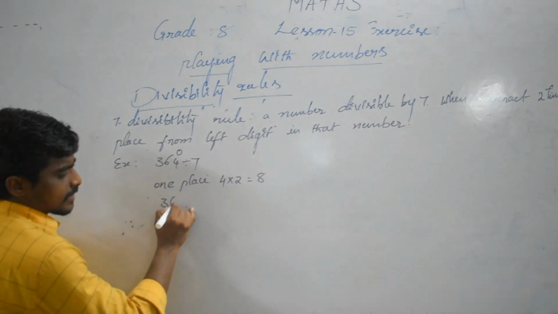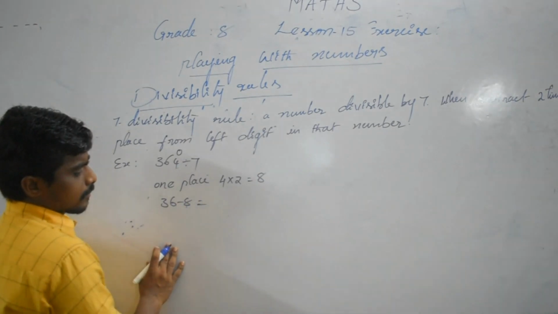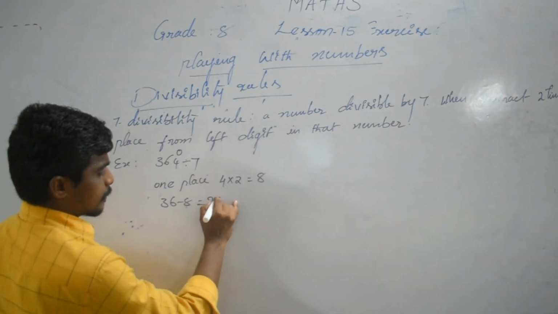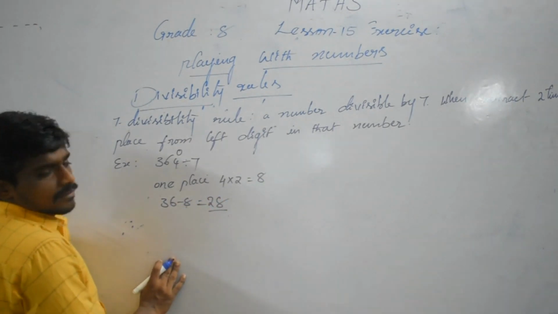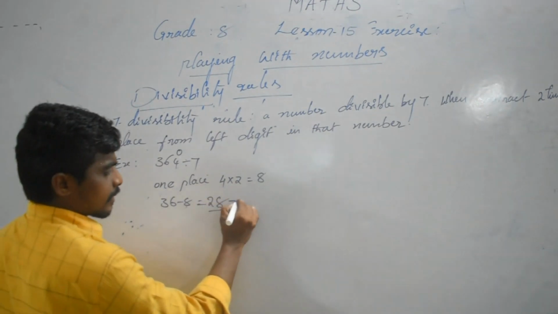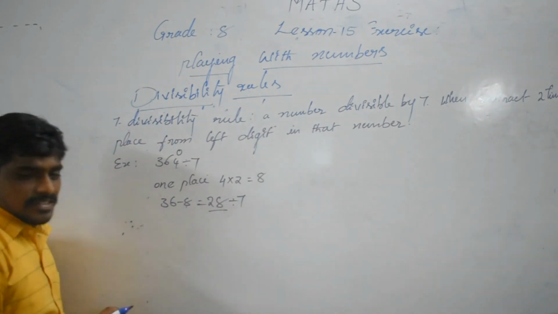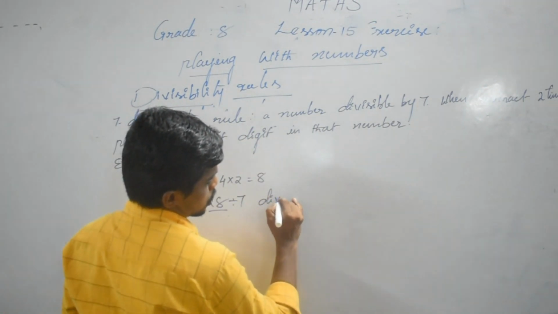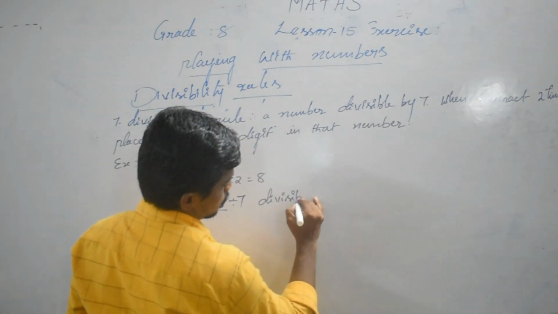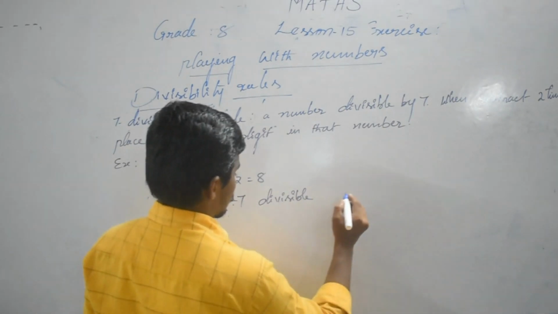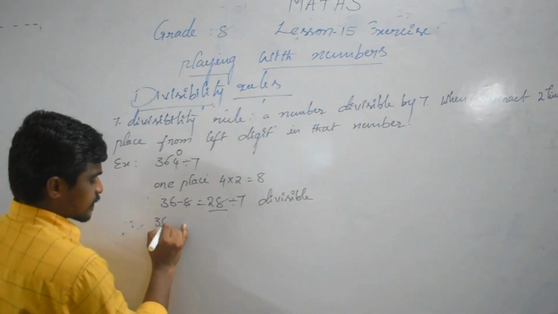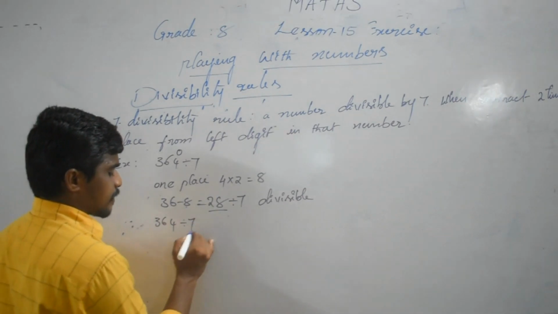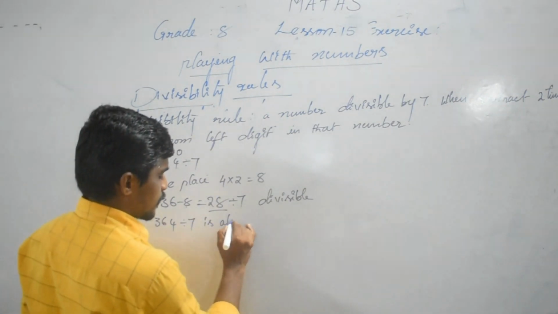So 36 minus 8, how much? 28. Is this difference divisible by 7 or not? Divisible. So 364 divided by 7 is also divisible.